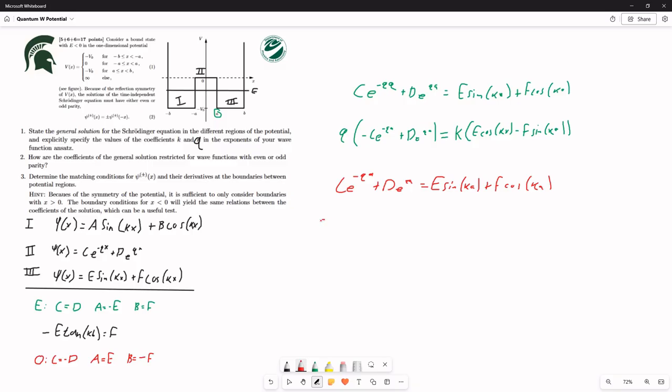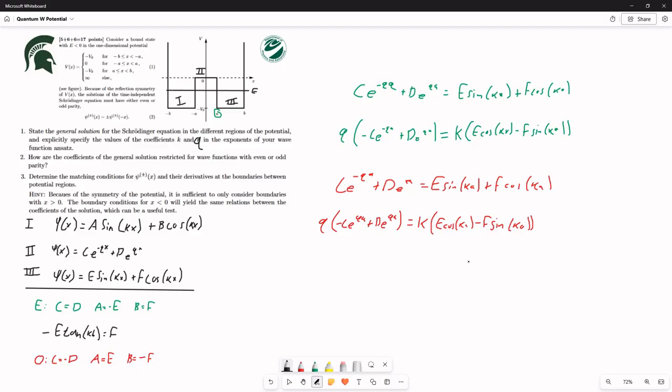Again, pulling out a q, we have negative c e to the negative qa plus d e to the qa equals, again pulling out a k, e cosine ka. Sorry, that's a minus f sine of ka.